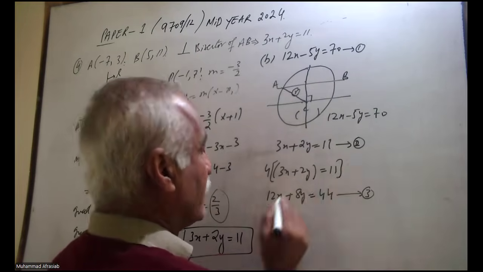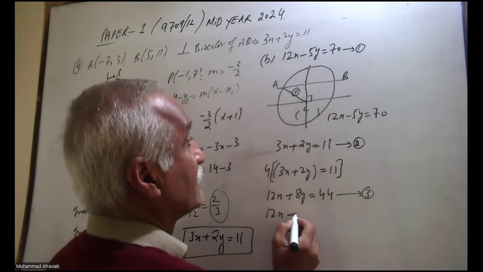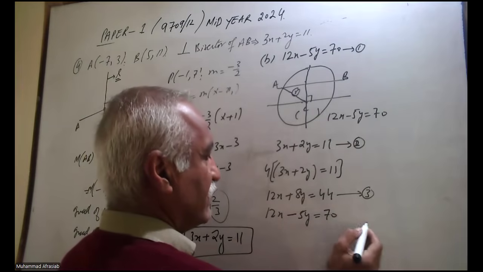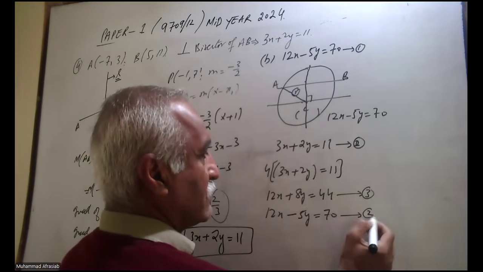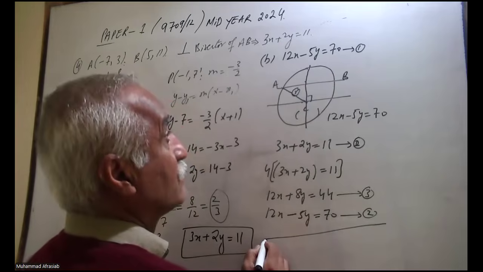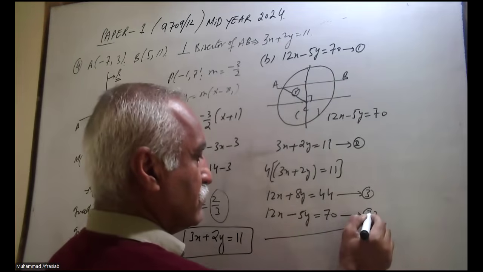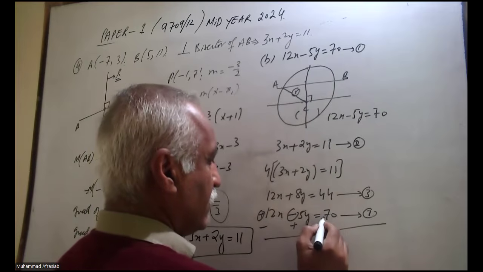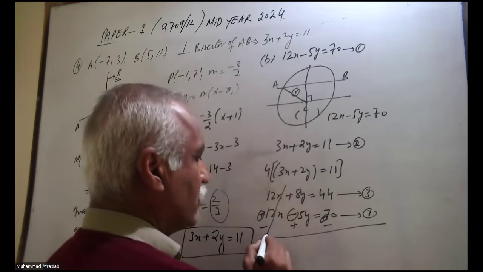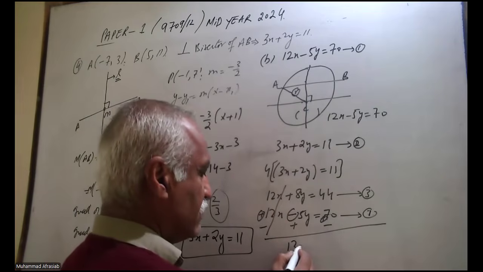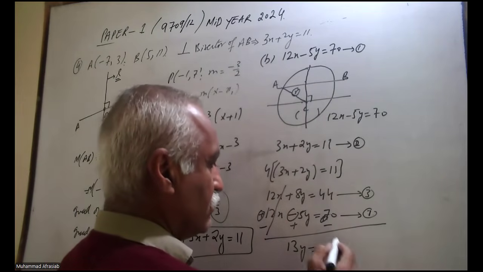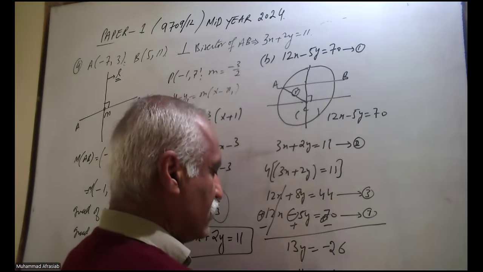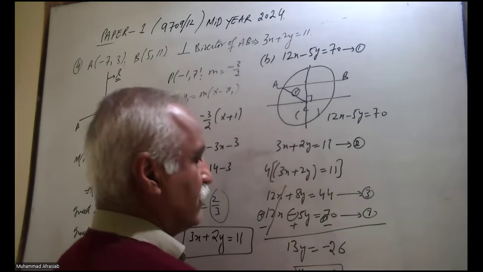And equation number 1 is already there: 12x minus 5y is equal to 70. Now we subtract these two. Negative, positive, negative, so the 12x terms cancel. So this is 13y is equal to minus 26, or y is equal to minus 2.